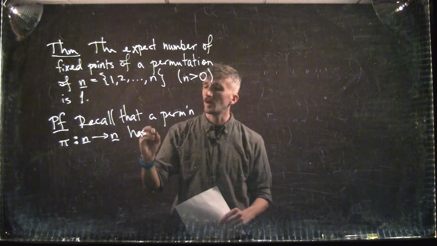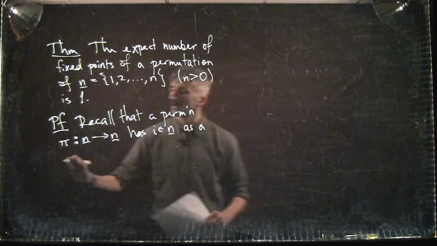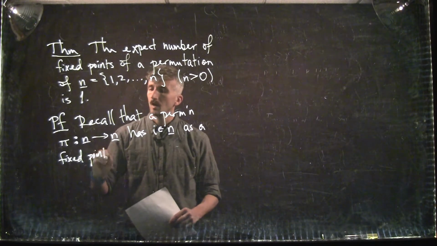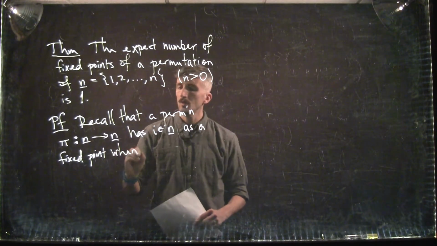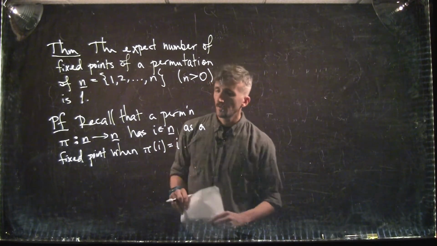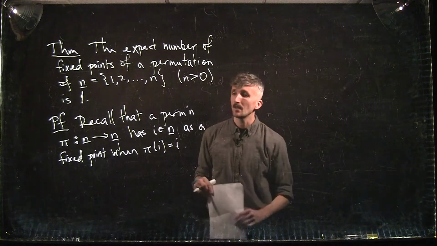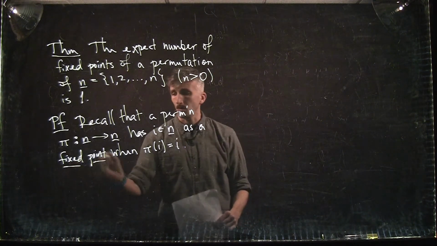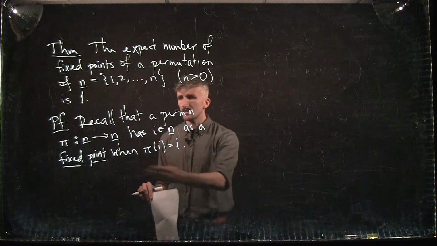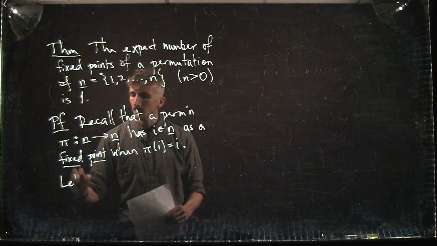This has i in n as a fixed point, by definition, when pi of i is equal to i. So we see that as a function, pi isn't moving i around, it's fixing it, and that's why we call this a fixed point.